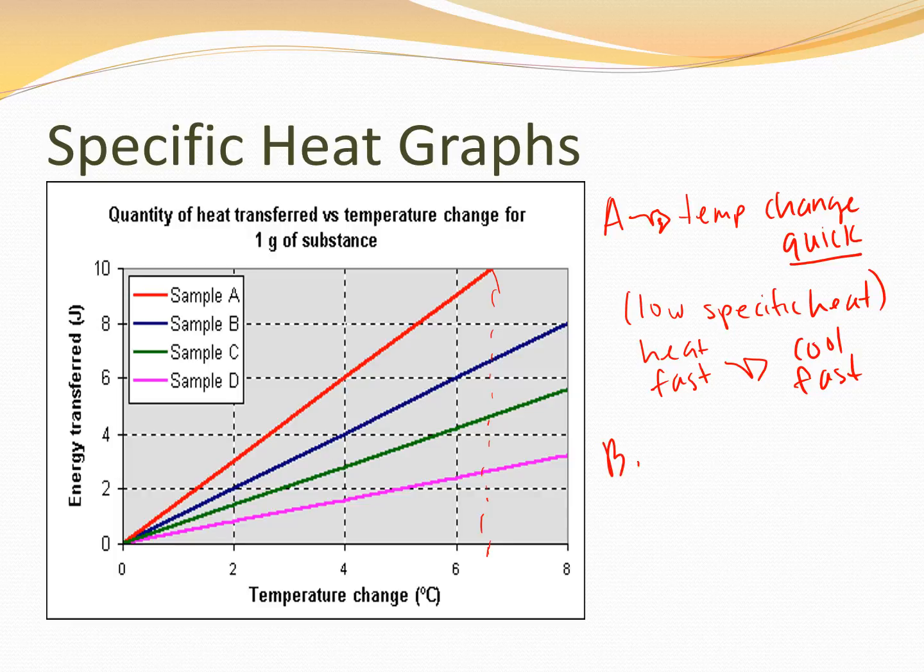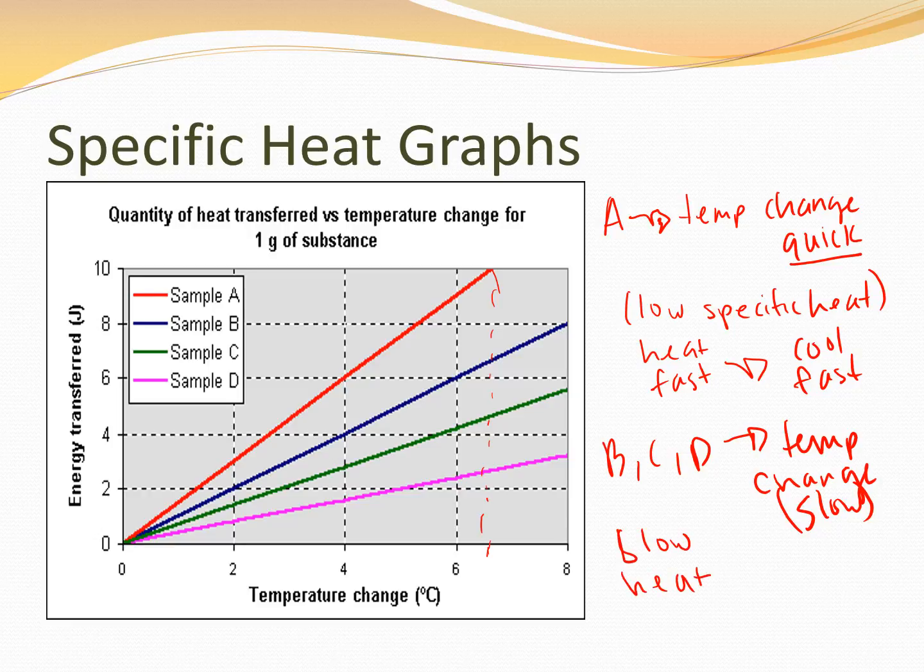B, C, and D, their temperature changes slow. And this means that it's slow to heat, and that means that also they cool slower, so it takes a longer time to cool.